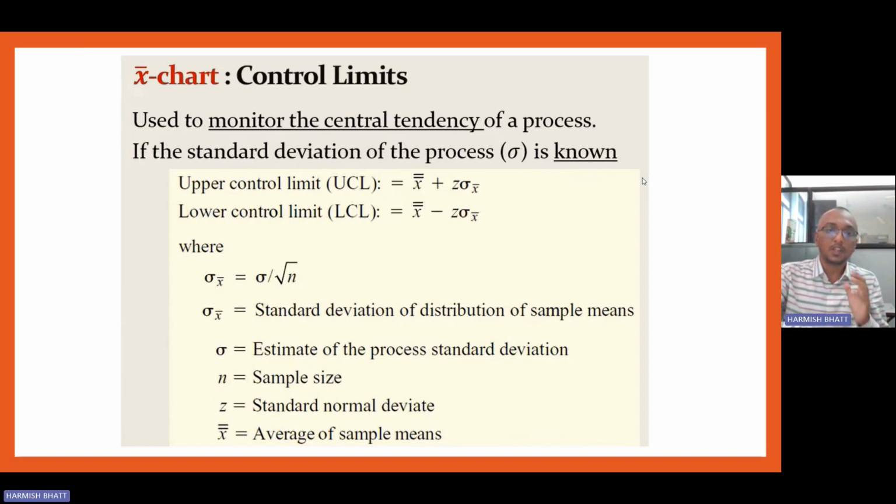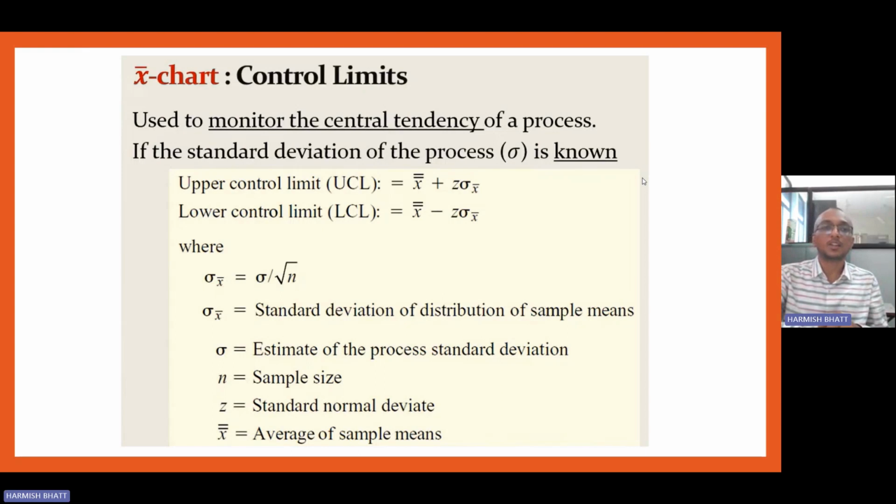If the value of the standard deviation sigma is known to you, then you can refer to process number 1 that we are going to discuss right now. And if the standard deviation is not given to you in the data, or it is not available with you, then there is another method, which we'll be discussing later.